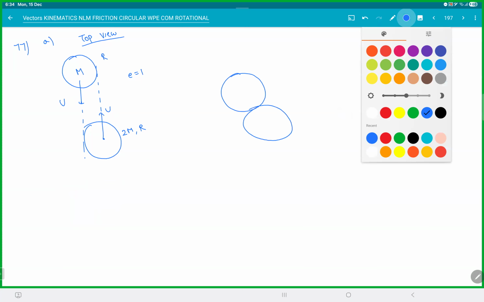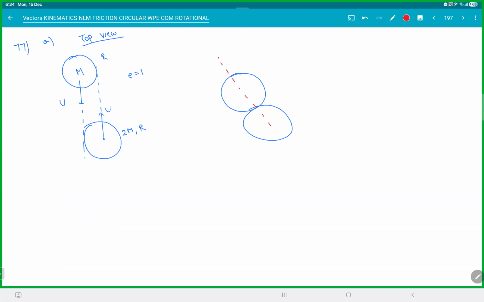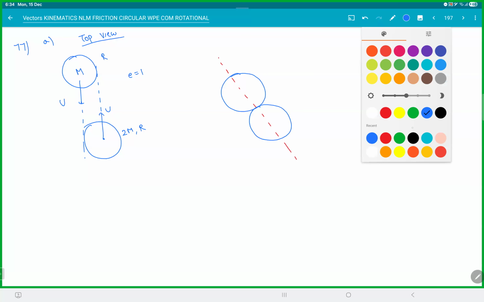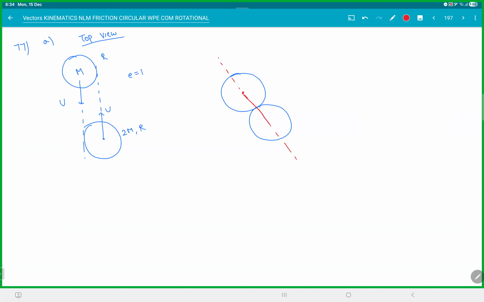Draw the normal. In this case, it will be the line joining the centers. If you look at these angles here, this distance will be 2r. So it is passing through the center. This is r. So this angle will be 30 degrees.